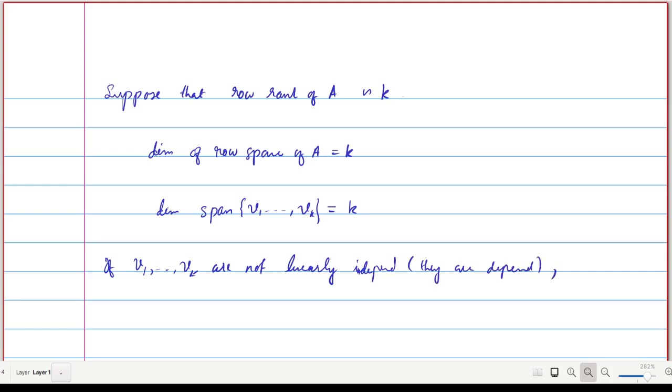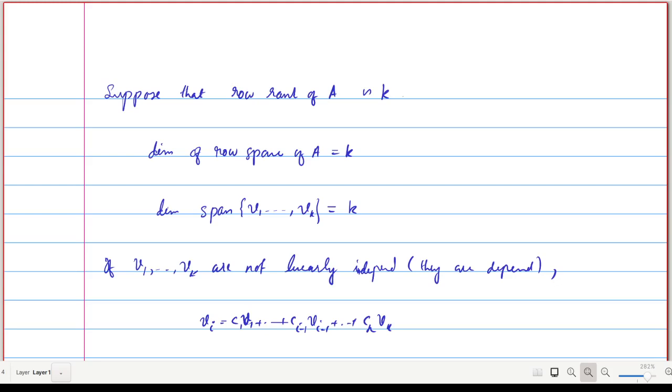In that case, we can choose one of these vi that can be expressed as a linear combination of the others. So we write vi as c1 v1 plus ... plus c(i-1) v(i-1) plus ... plus ck vk. So one of the vectors v1, v2, ..., vk can be expressed as a linear combination of the others.